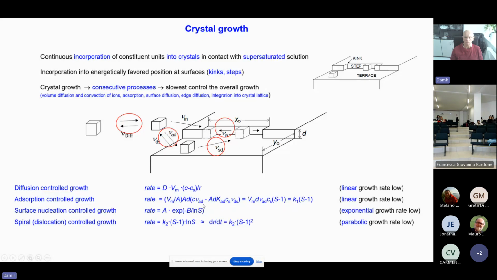And finally, if surface nucleation is the slowest process, then there is an exponential relation of the rate on supersaturation, or it can be a so-called parabolic relation. So the rate is described in this relatively simple way.